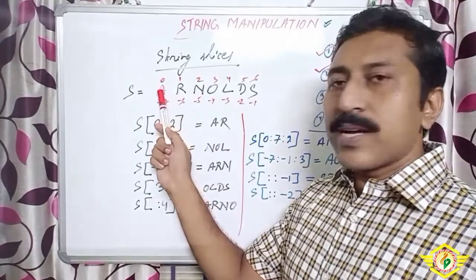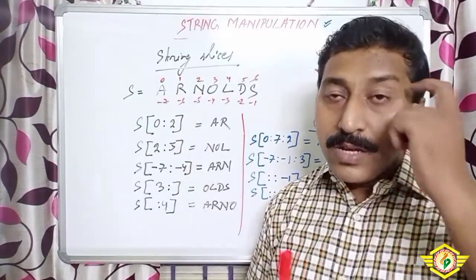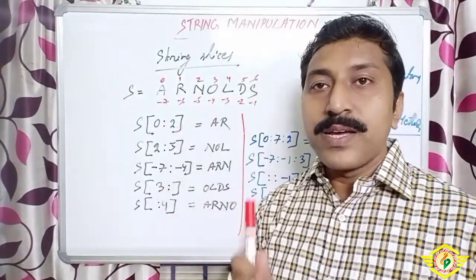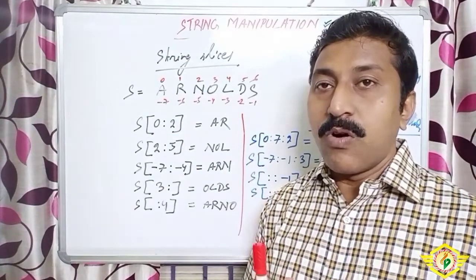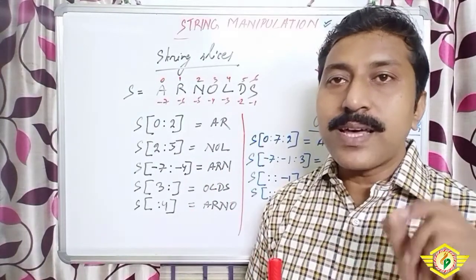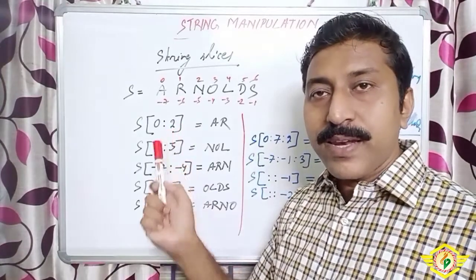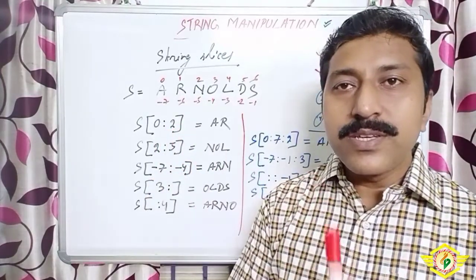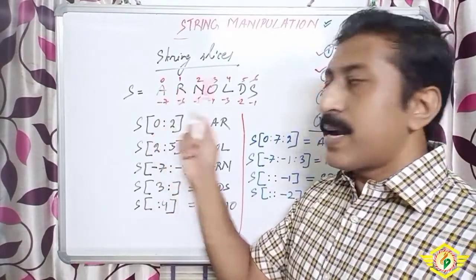If I have written 2, it will take characters till 1. Always the last range minus 1. Remember this. The last range is 2, so it will take 0 and 1, not 0, 1 and 2. So the output will be AR.